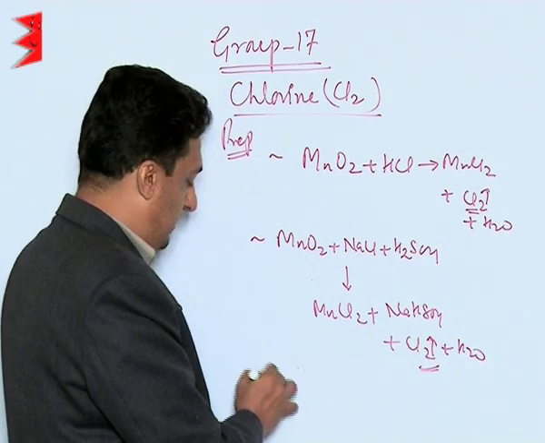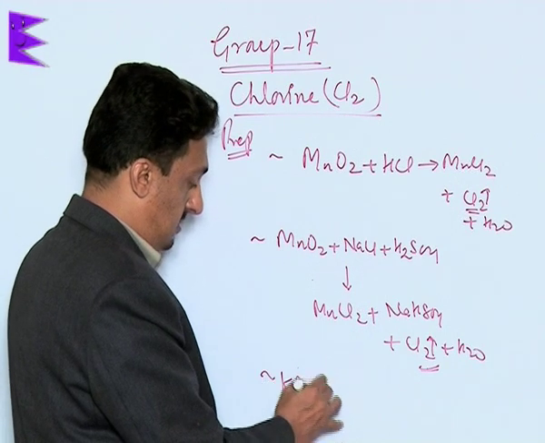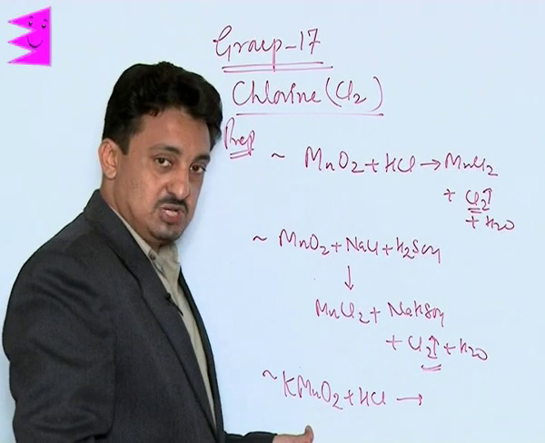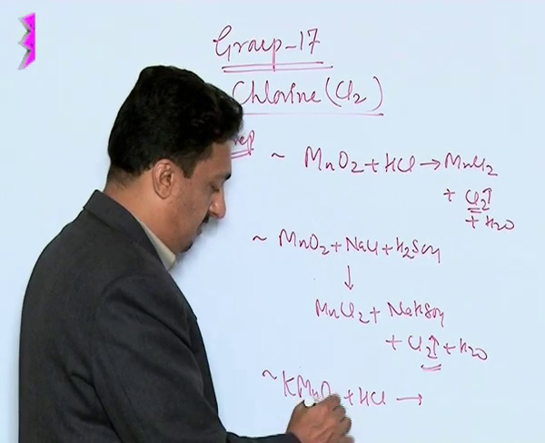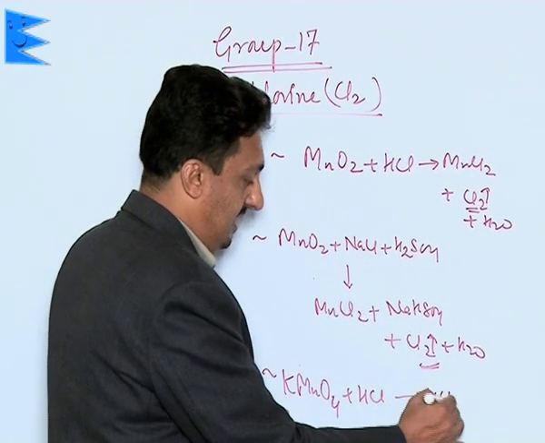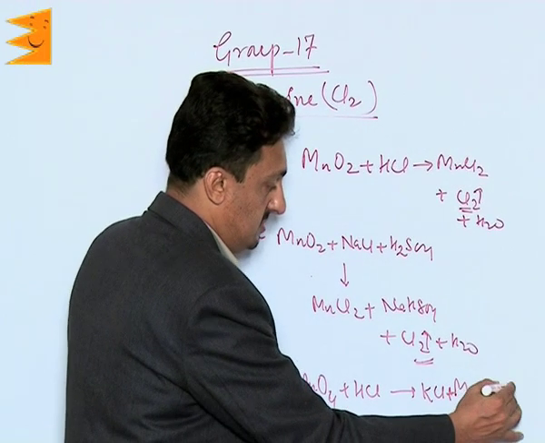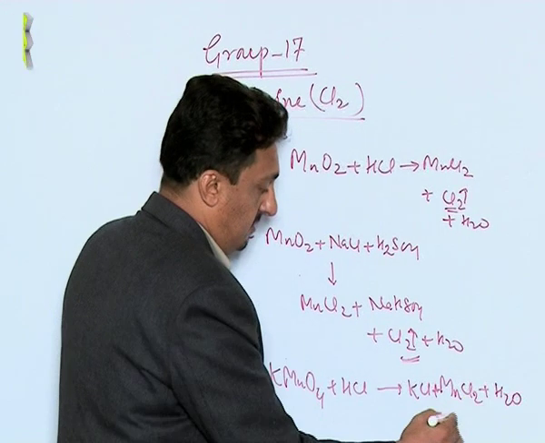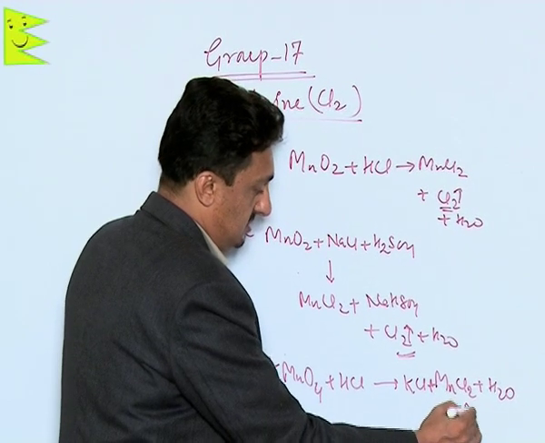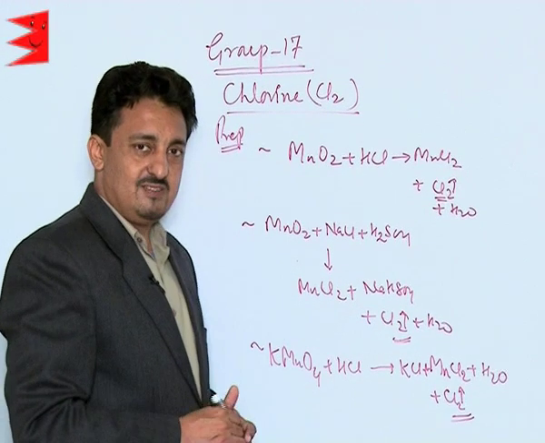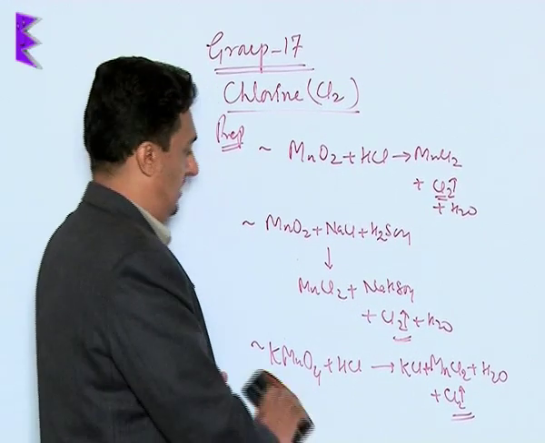It can also be obtained by the reaction of HCl with potassium permanganate, KMnO4. What we get is KCl, MnCl2, water plus chlorine. So these are its usual lab methods of preparation.